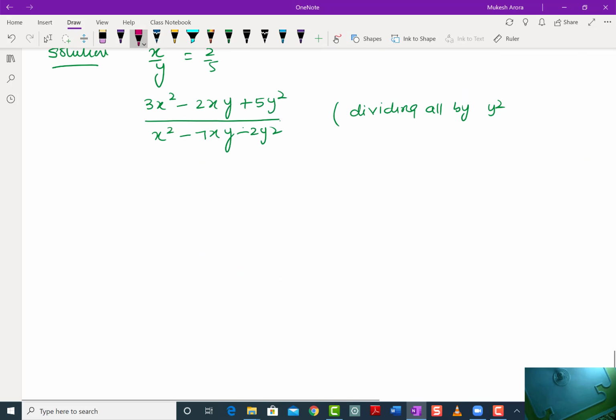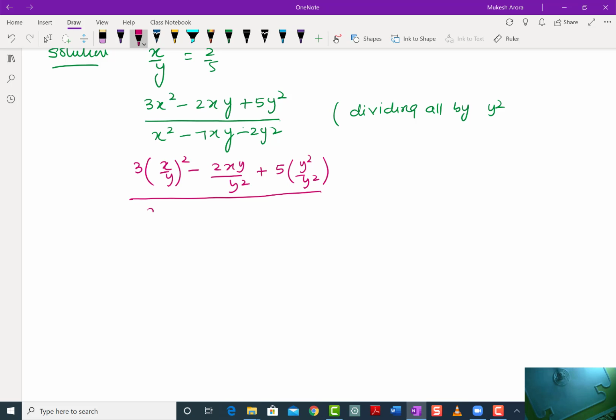When we divide all by y square, it will be 3x by y whole square minus 2xy by y square plus 5y square by y square upon x by y whole square minus 7xy by y square minus 2y square by y square. So now let's do it.